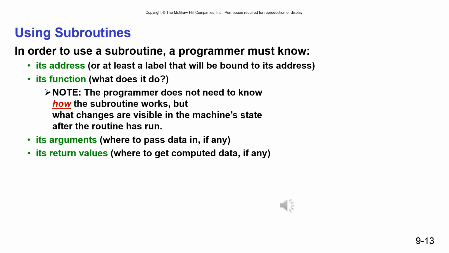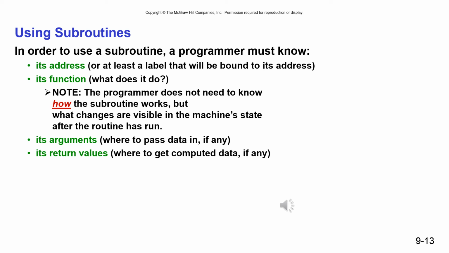In order for a programmer to use a subroutine, the programmer needs to know the address of the first instruction of the subroutine, or a label that's bound to its address, and the function that the subroutine performs. And here we talk about abstraction.